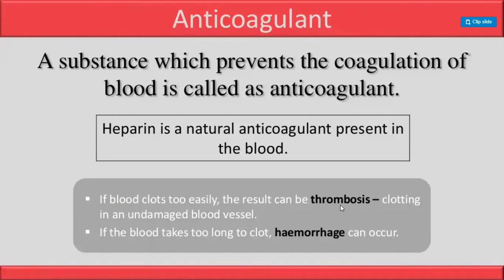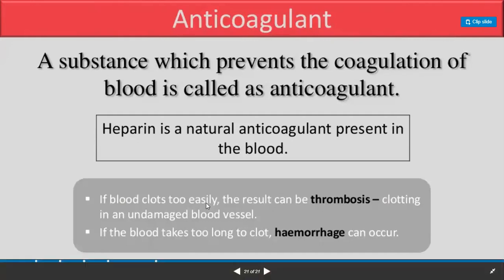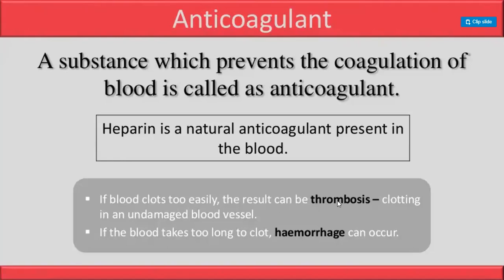So to prevent bleeding, we have the clotting process. But now, when the blood clots on its own without damage to the blood vessel, then we have what is called thrombosis. And like I said before, this thrombosis can lead to the production of a thrombus, which becomes an embolus, which now causes what we call pulmonary thromboembolism.